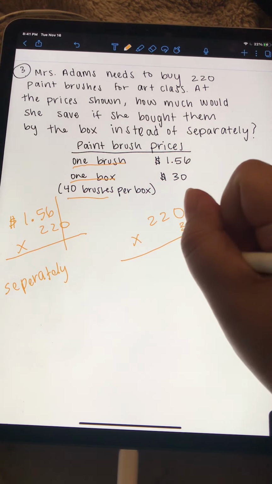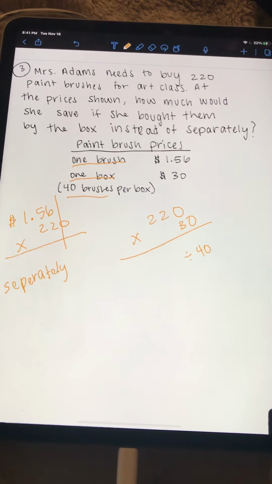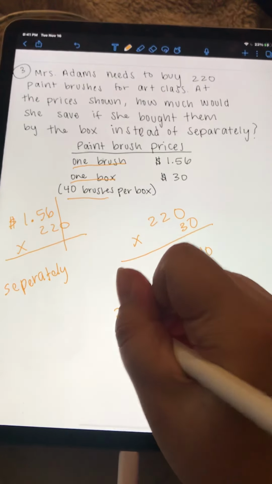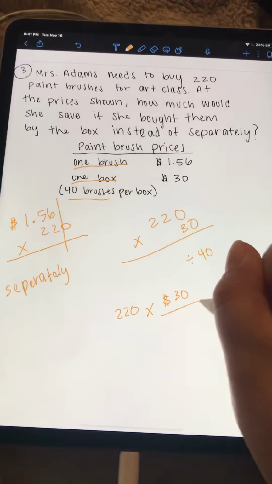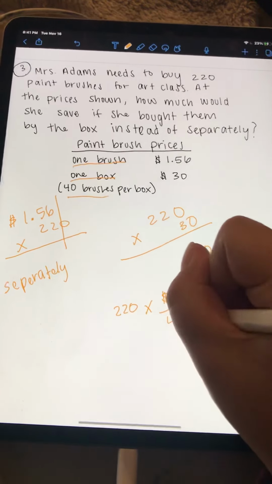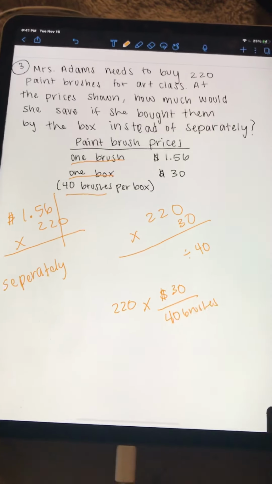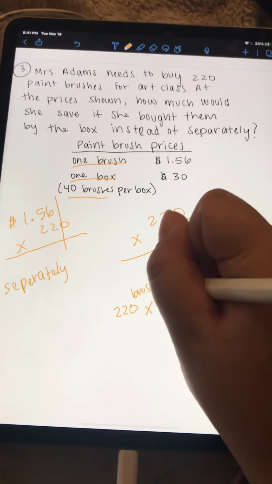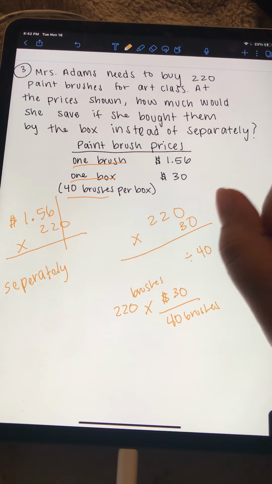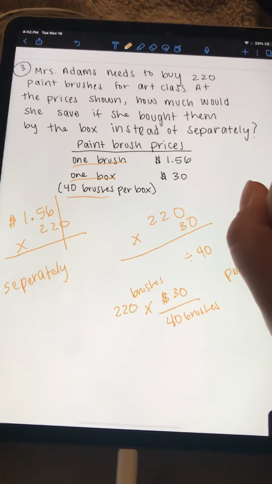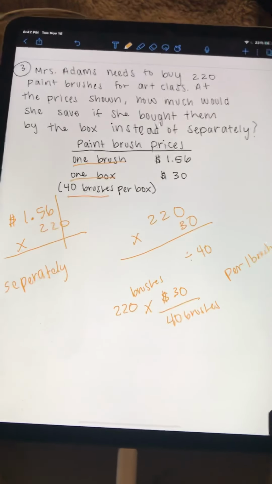So we're going to have to divide that answer by 40, because what we're really doing is 220 times $30 per 40 brushes, right? So we can multiply 220 by 30, but eventually we need to divide by the 40 brushes to figure out the cost per brush, because that's what we're trying to figure out, per one brush, okay?